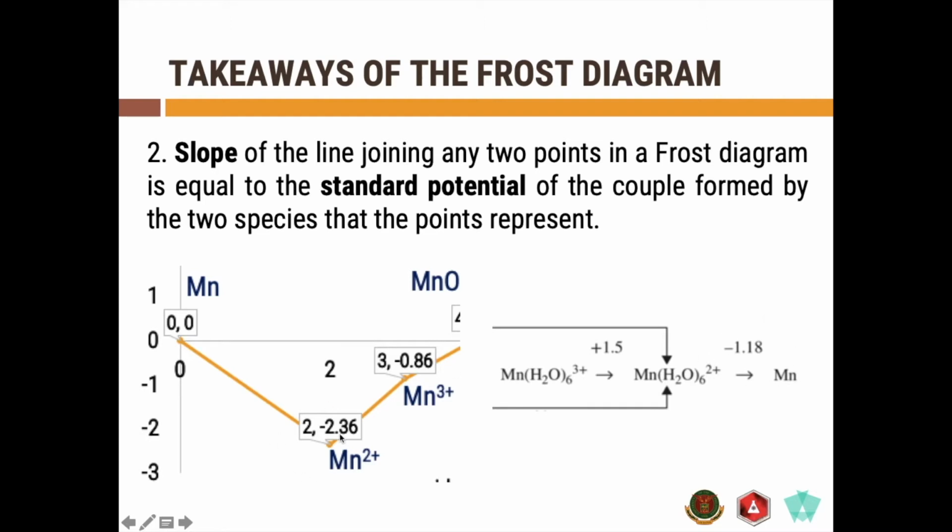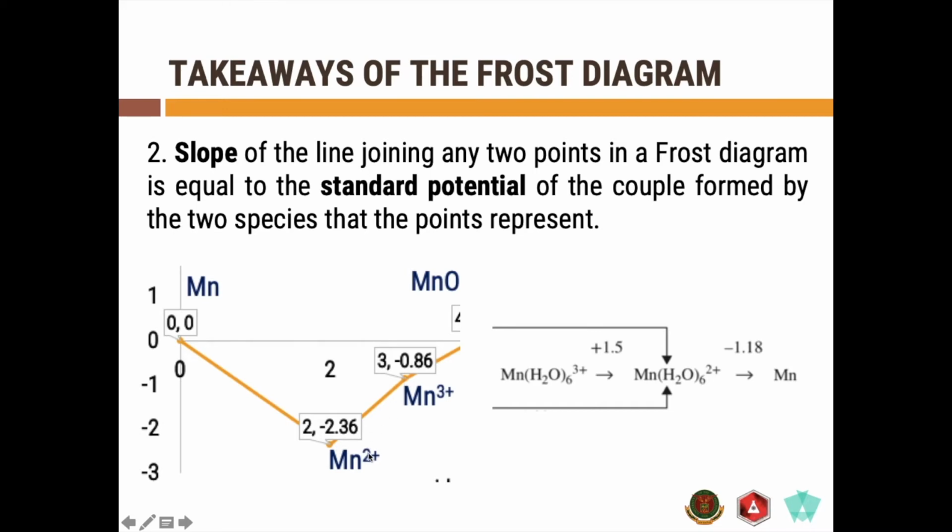If you get the slope of this, you can see that it is in a downward direction, meaning that you have a negative slope. It should be equal to negative 1.18. And if you look at this Mn2+ Mn3+ couple, you have 2, negative 2.36 and 3, negative 0.86. As you can see from the general direction of the line, it is upward.